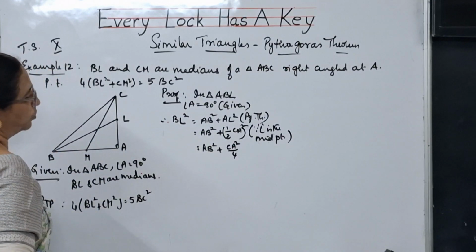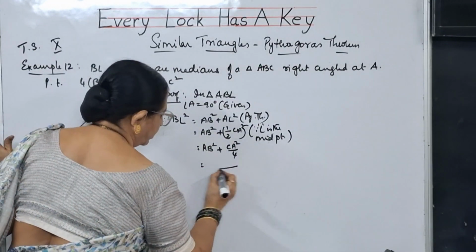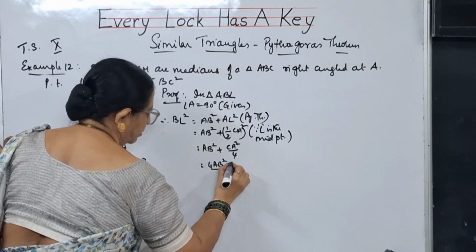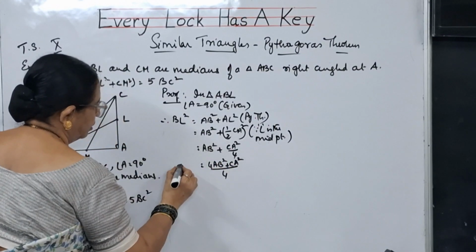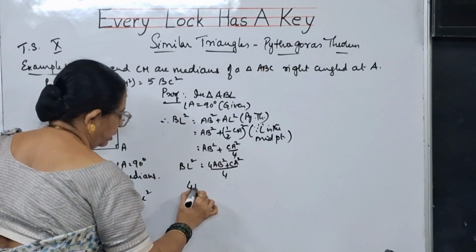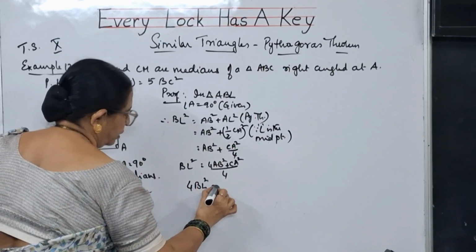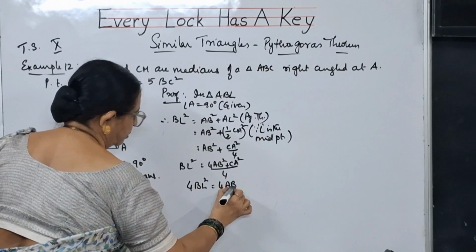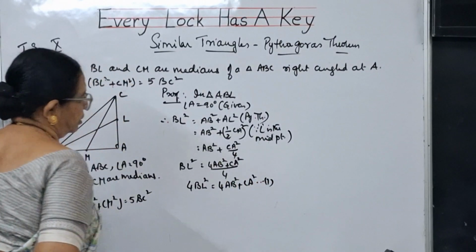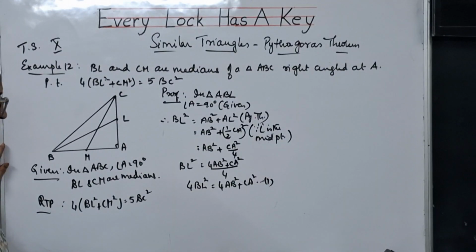Half means 2, 2 2s are 4. So here if you take LCM 4, 4AB square plus CA square. So 4 times of BL square is equal to 4AB square plus CA square. Consider it as the first equation.